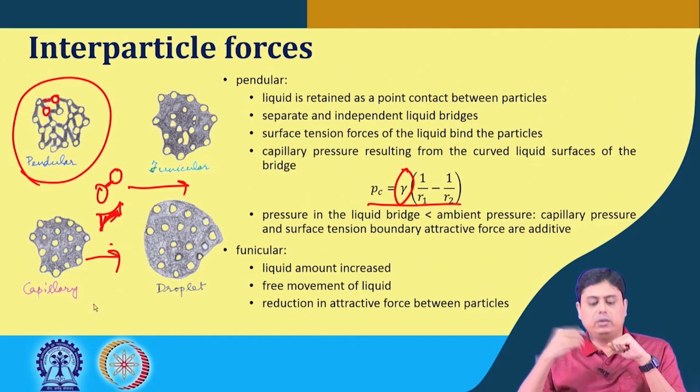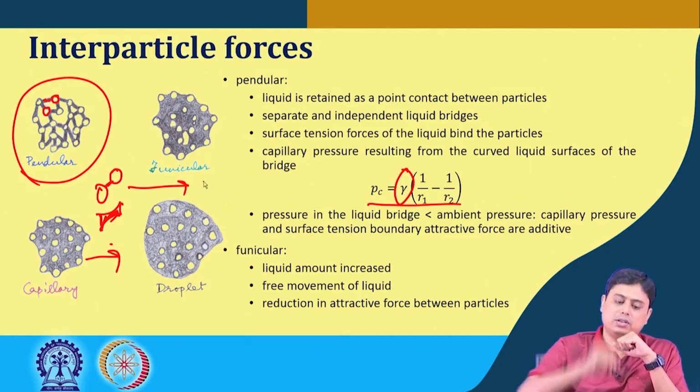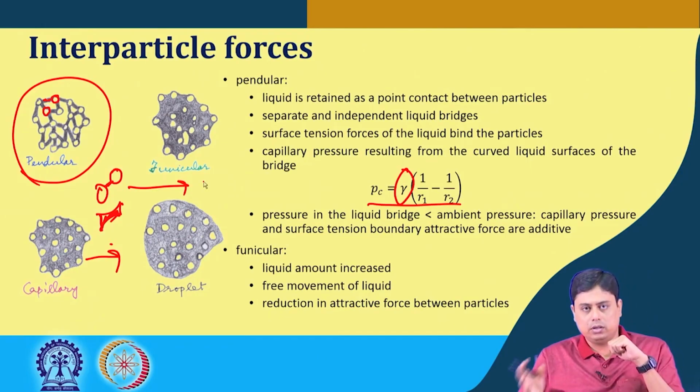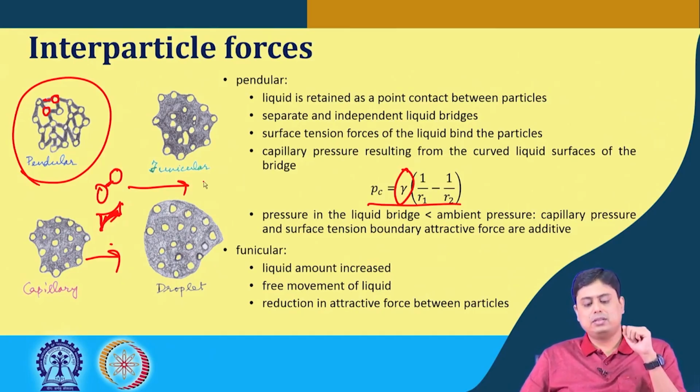As the amount of liquid is increased, there will be some free water that can move, and with this free movement of liquid we move to the funicular state, which reduces the attractive force between the particles.